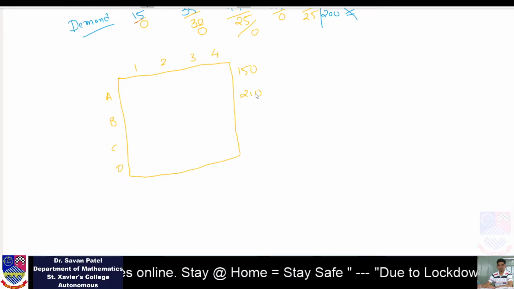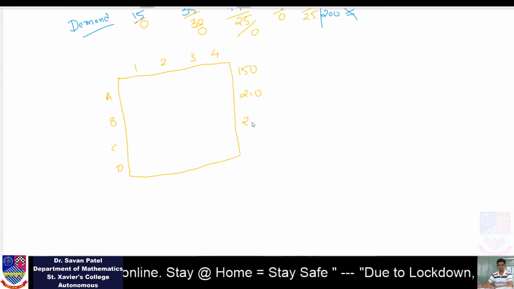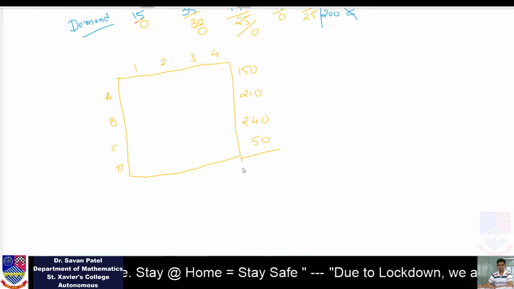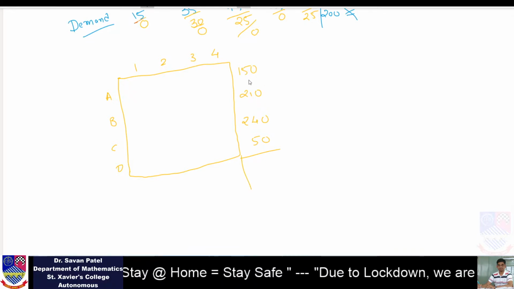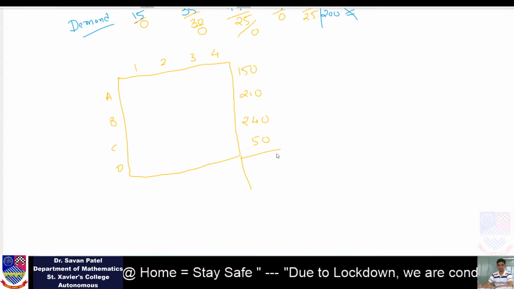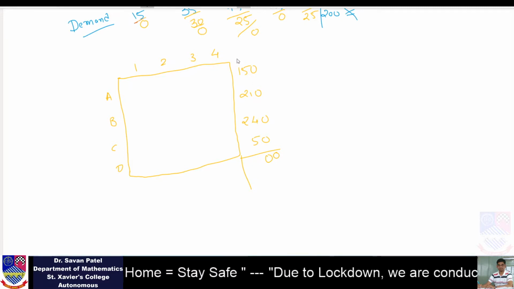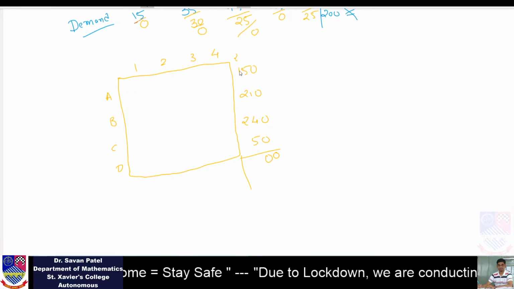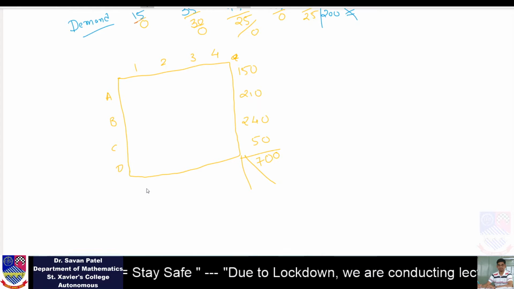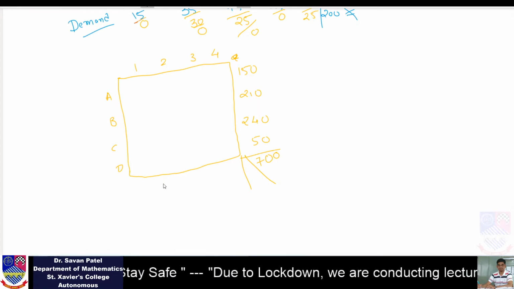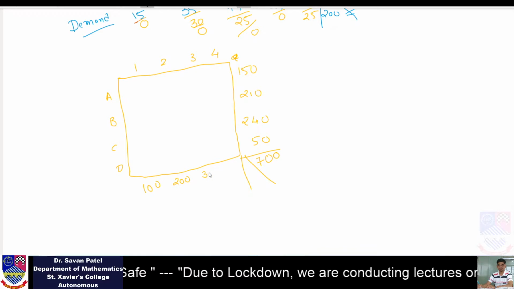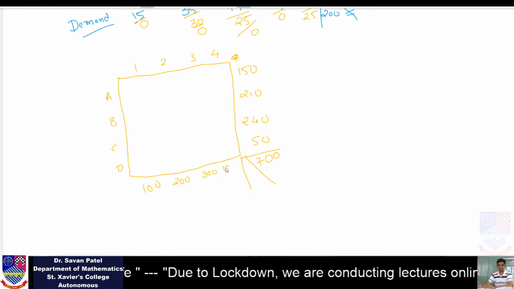150, 210, 240, 50. So the total supply is 700, and the total demand is, say, 100 plus 200 plus 300, 26 and 100.